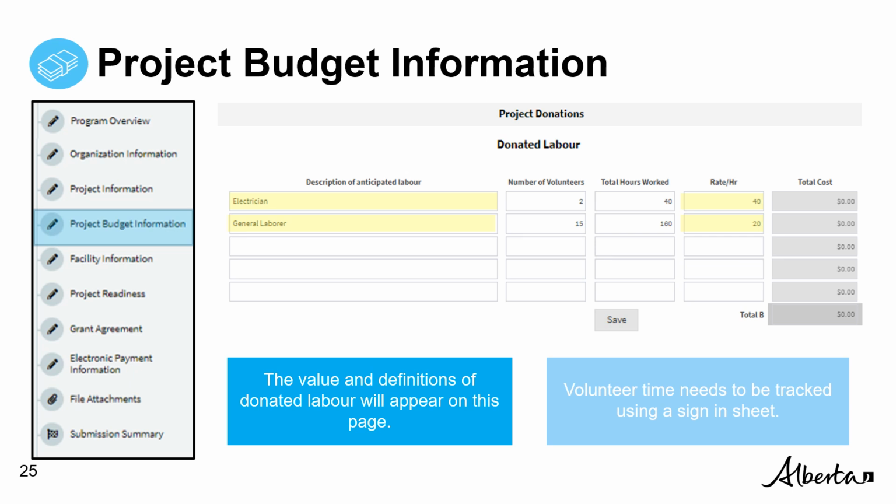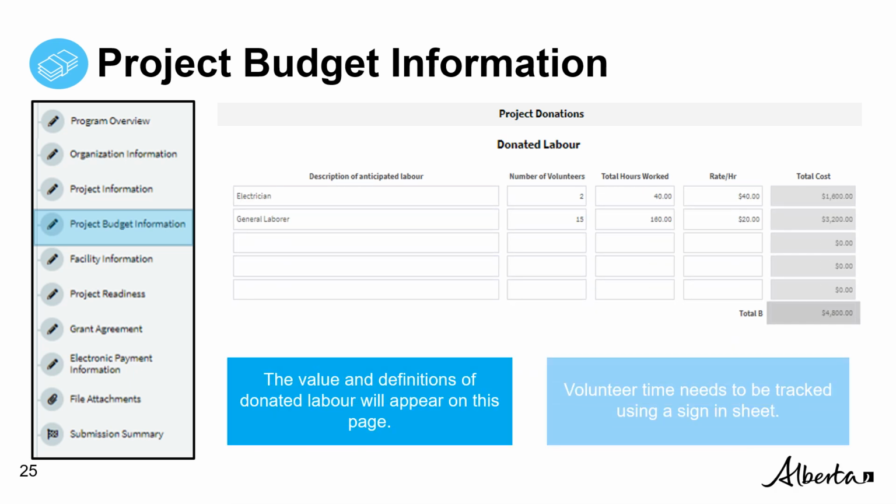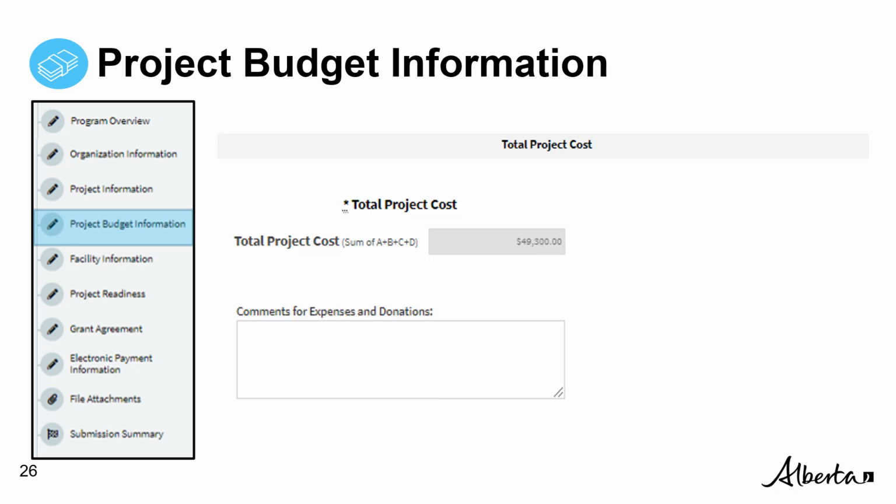Similar to the total A column, once you have entered all of your costs, press Save, and the page will reload with the calculated total for total B. Repeat these steps for total C and D as needed. After filling out the project donation section and clicking Save, your page will reload with your total project cost.